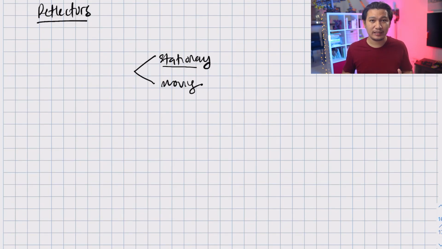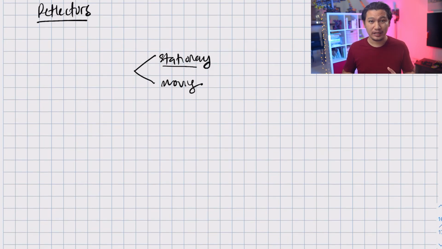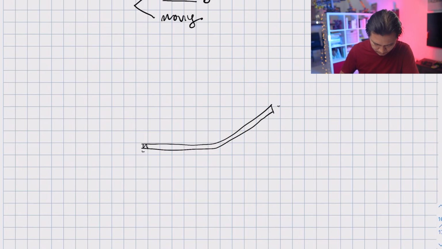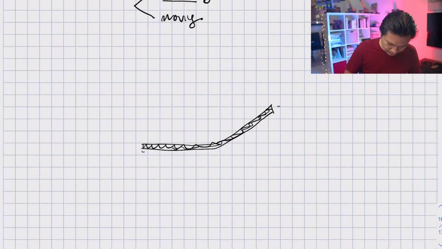So a deflector, as the name suggests, deflects water. It looks something like this. It is just a stationary device that is deflecting water. So let me write here, this is a stationary deflector.